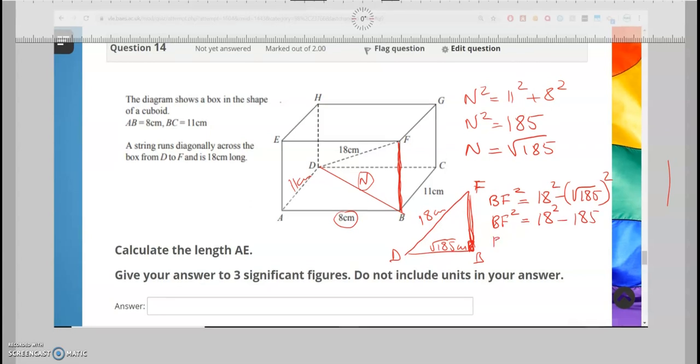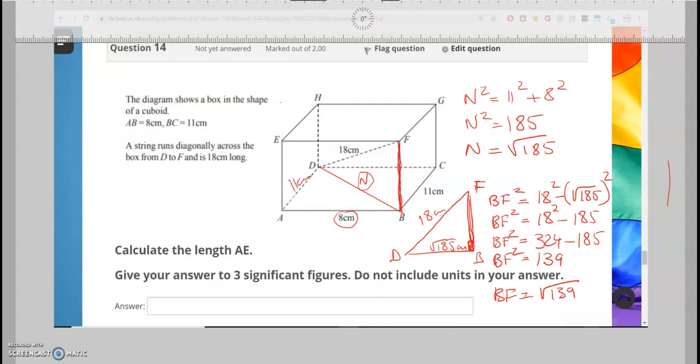So BF squared is equal to 324, which is 18 squared, minus 185. So BF squared is equal to 139.